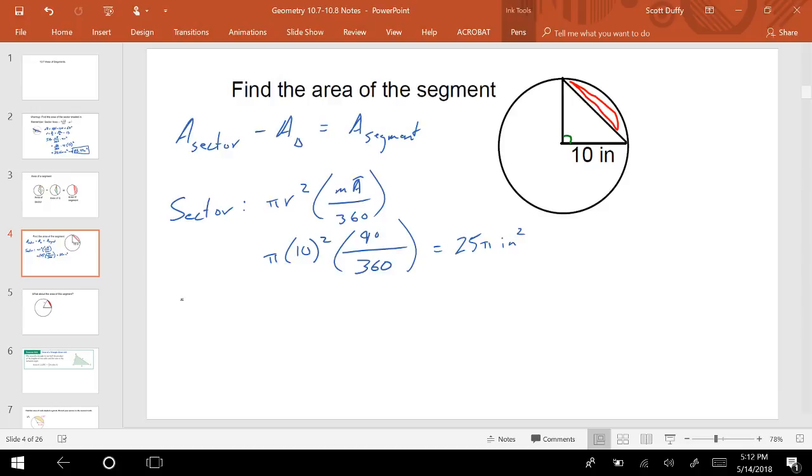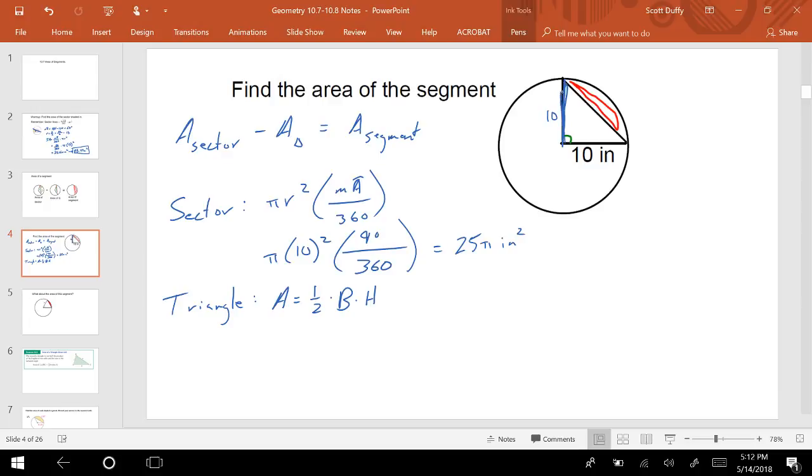Now I need to find the triangle. I know that the area is equal to 1/2 times the base times the height. What I see is that since this is at a right angle, 10 can be the base, and since this length of 10 is the radius, we know that this height, this is another radius, is also 10.